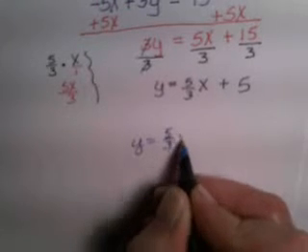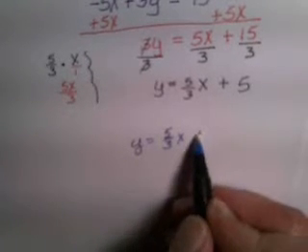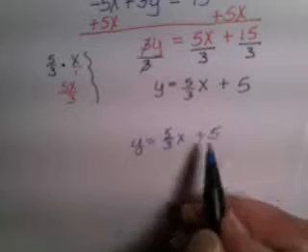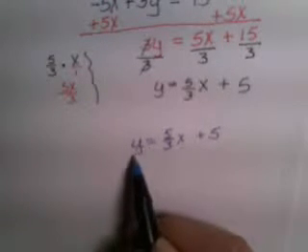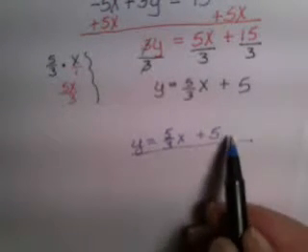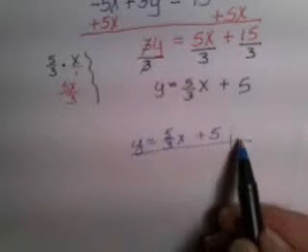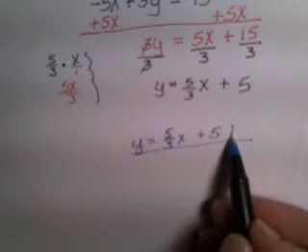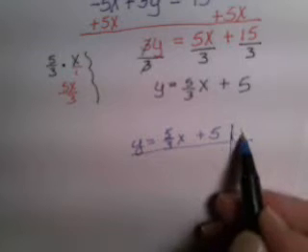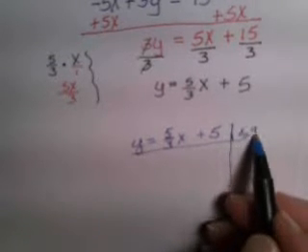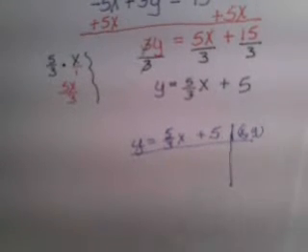Okay, so if we take this equation, y equals 5/3 x plus 5, and we want to graph it, we can just, as we did before, choose a value for x and find y, or choose a value for y and find x.